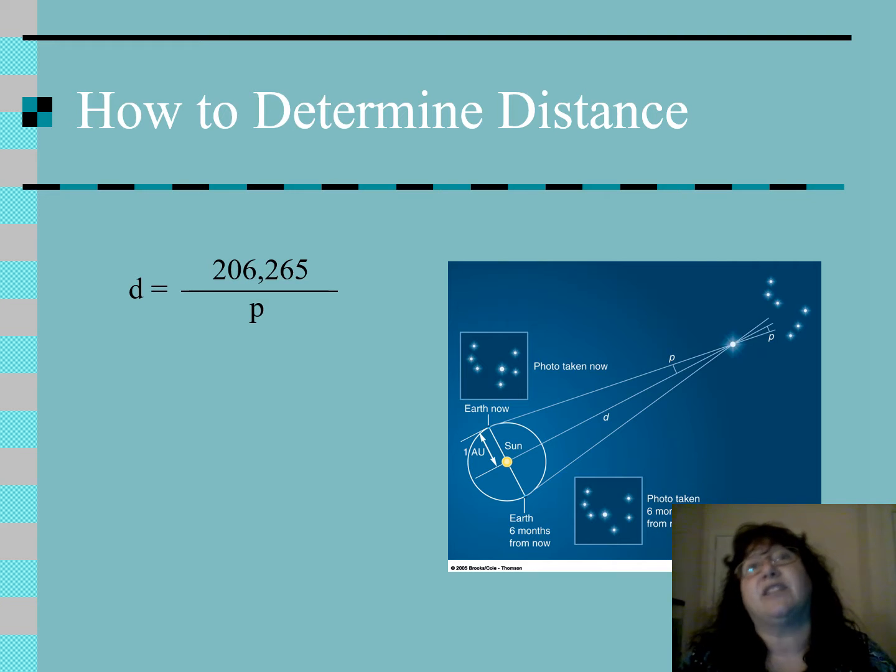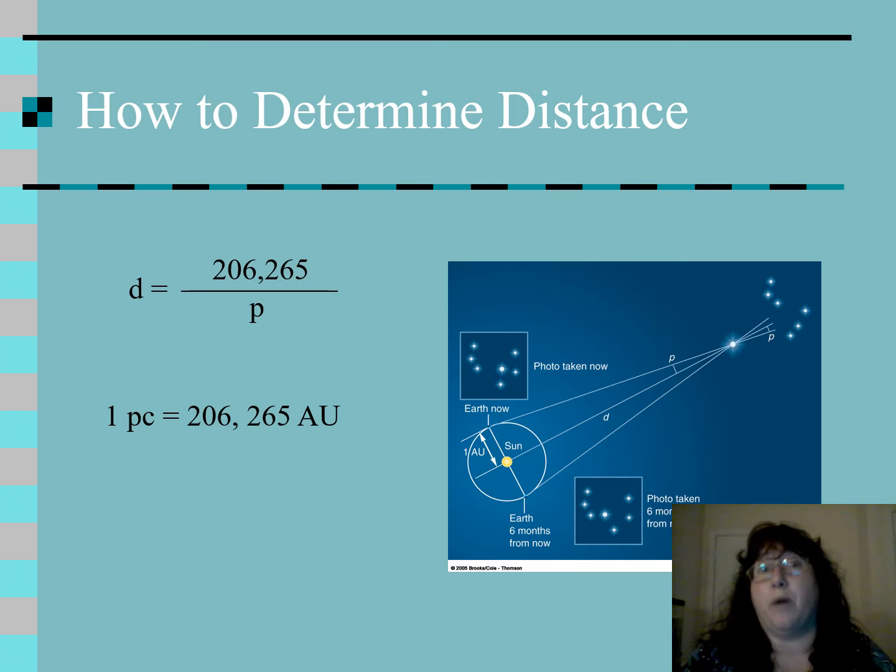If the parallax is 1 second of arc, this gives a distance of 206,265 astronomical units. This is a very large number, as you can see. We can also define the distance to the star by 1 second of arc, and that would be the 1 parsec. So 1 parsec is when we have 1 second of arc as our angle of parallax.